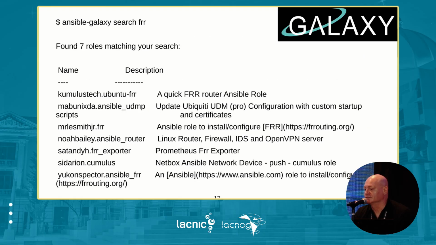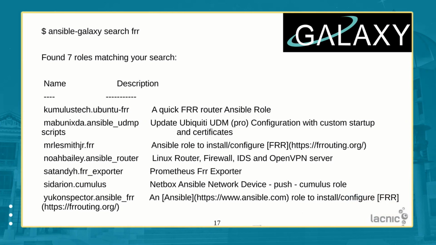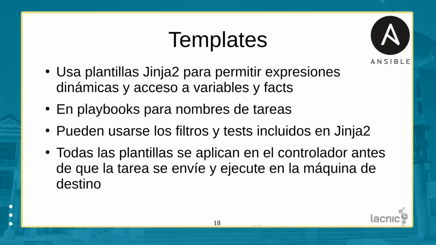There's a case on screen. In these practices, we're using FRR as the router. Now, if I wanted to look for modules related to FRR, there's a list here, and then I'll have to evaluate which one is better for me to use.